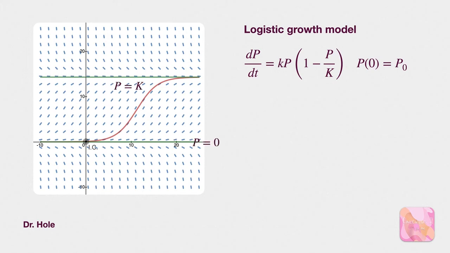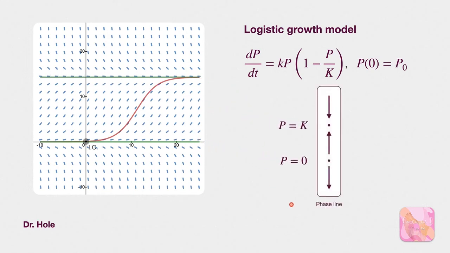Good. Now, let's go back to this idea of a phase line, that we now have two equilibrium solutions. From this direction field, we still see that the P equals 0 equilibrium solution is asymptotically unstable, but that P equals K is an asymptotically stable solution.